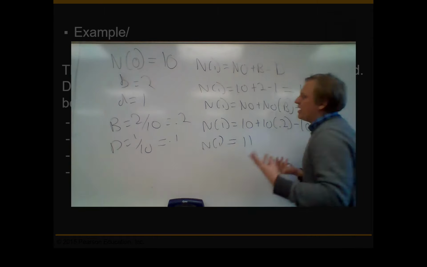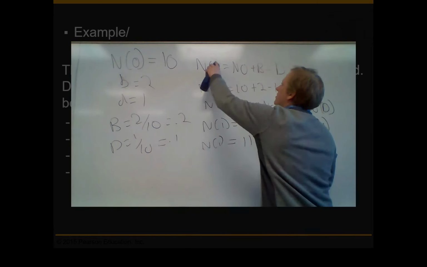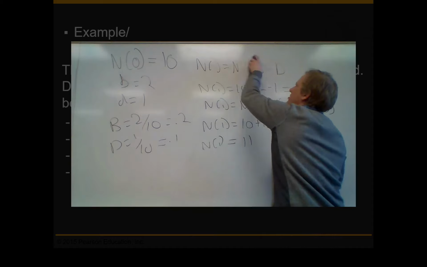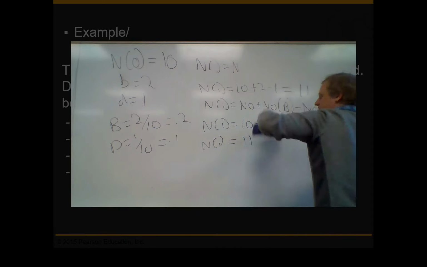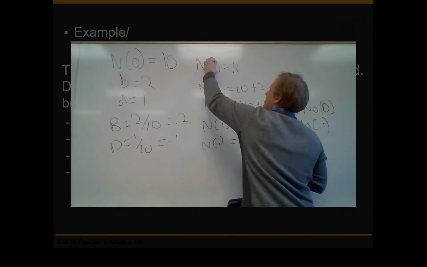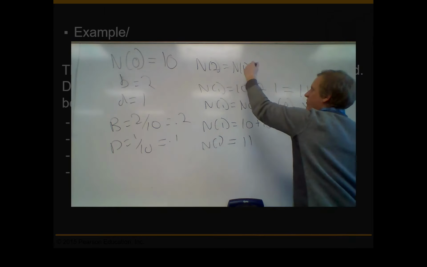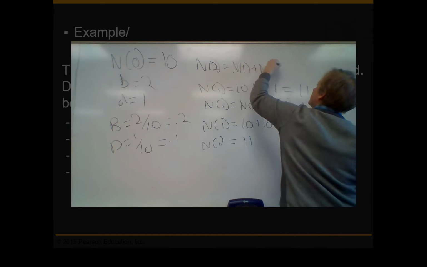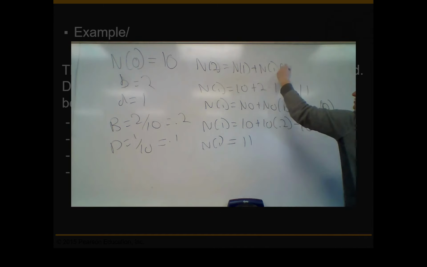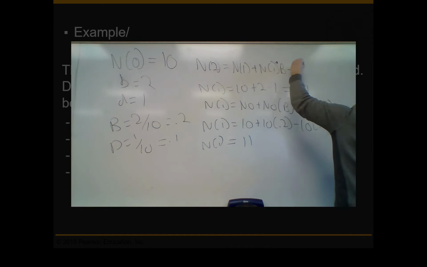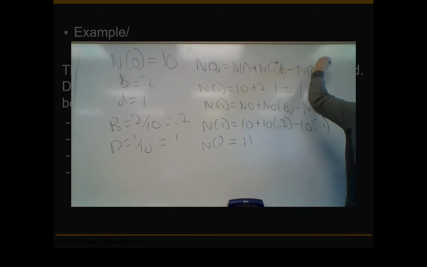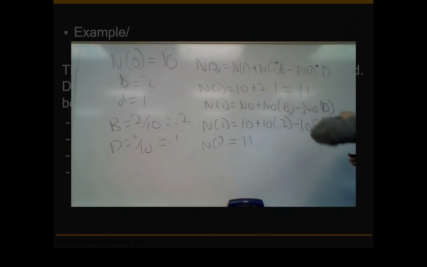So let's move forward and think about what our equation for day 2 is going to look like. So n of 2 is equal to the number we had the time period before, plus the number we had the time period before, times births, minus the number we had before, times our per capita death rate.